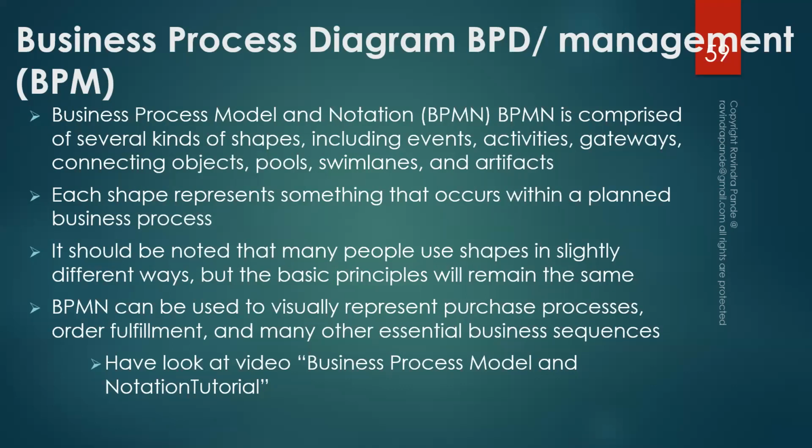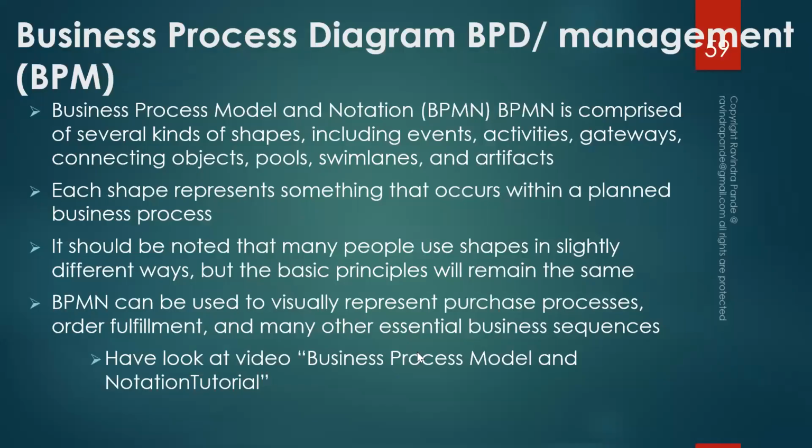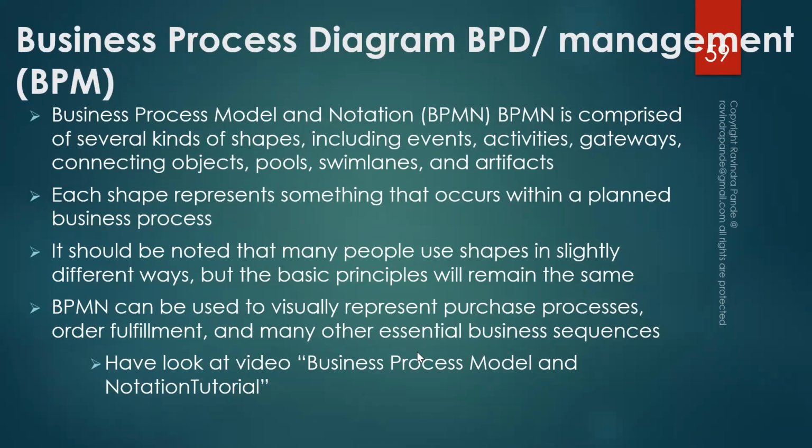It should be noted that many people use shapes in slightly different ways, but the basic principle remains the same. BPMN can usually be visually represented in a purchase process, order fulfillment, and many other essential business processes. Now, these business processes are really helpful in trying to understand how a thing will happen on the ground.